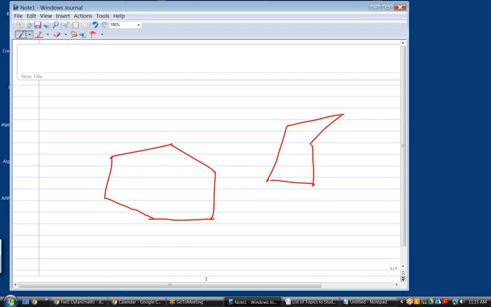No, you had it right. It's the other. I had it wrong. And here's the thing. This is convex. This is concave. And what's the difference between these two? Concave is when one of the angles kind of caves in, I guess you could say, on the angle.